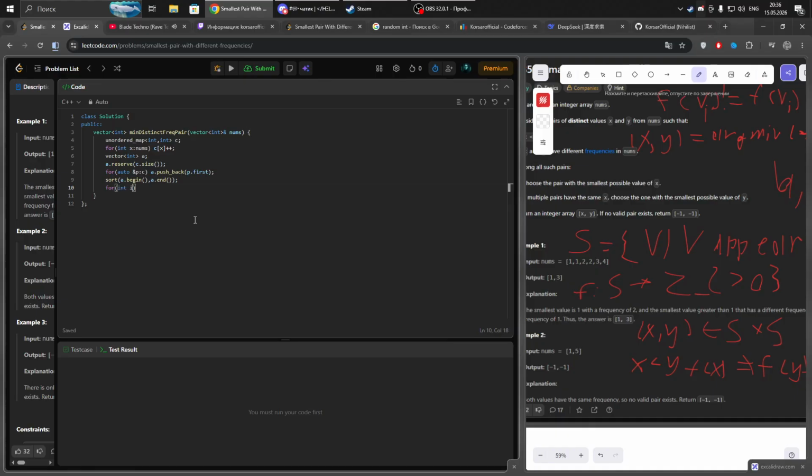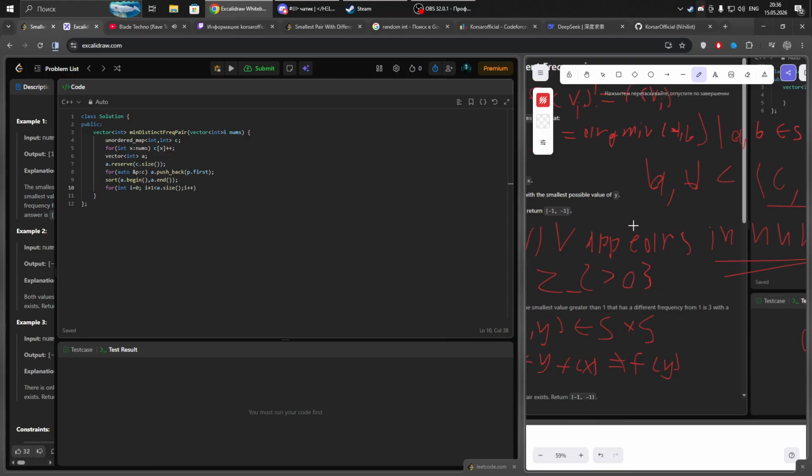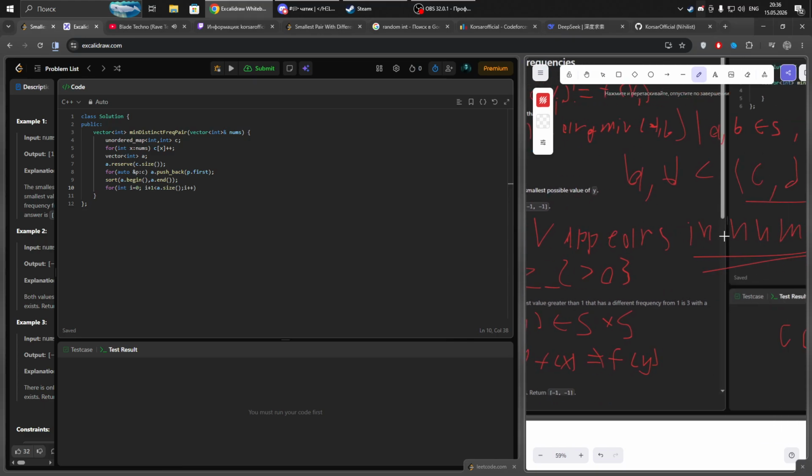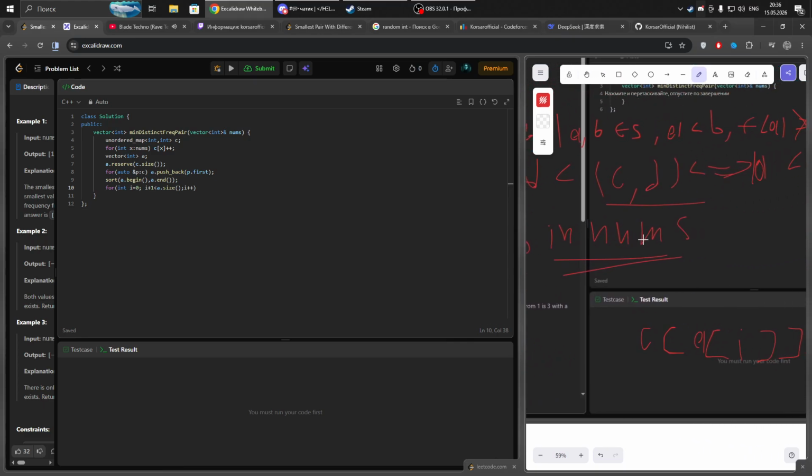So first, if there are fewer than two distinct numbers, or all distinct values have the same frequency.